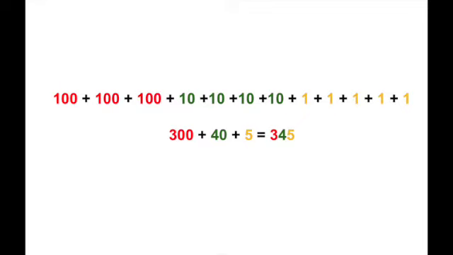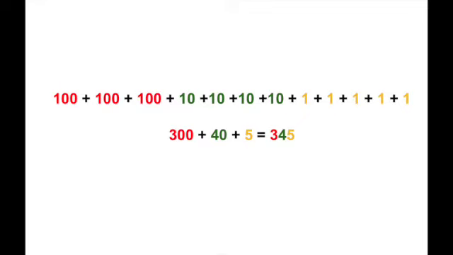Each red block equals 100, so we add 100 plus 100 plus 100, and then 4 of the 10 blocks, because each of the long strips, the green ones, equals 10, so 10 plus 10 plus 10 plus 10, and then the yellow blocks are equal to 1 unit, so 1 plus 1 plus 1 plus 1 plus 1, which gives us 5.